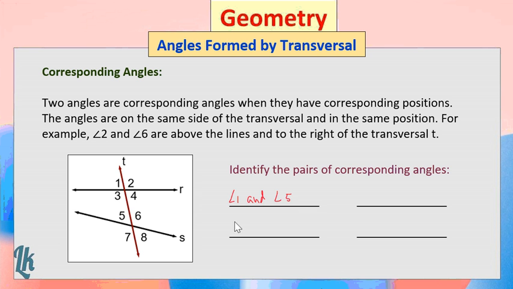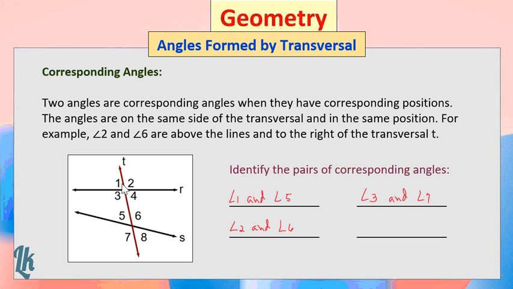Angle 2 and angle 6 are both on the right side of the transversal T, and both are located above the lines. So they are on the same side of the transversal and also in the same position. Another pair of corresponding angles, we have angle 3 and angle 7.